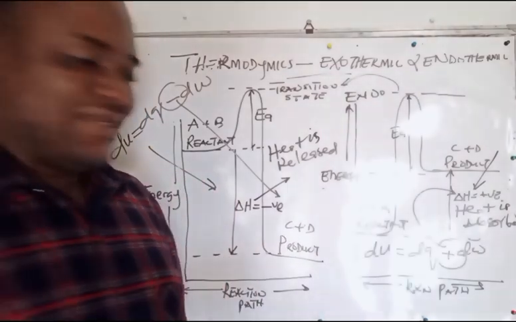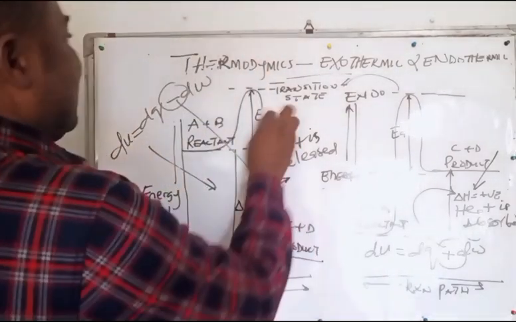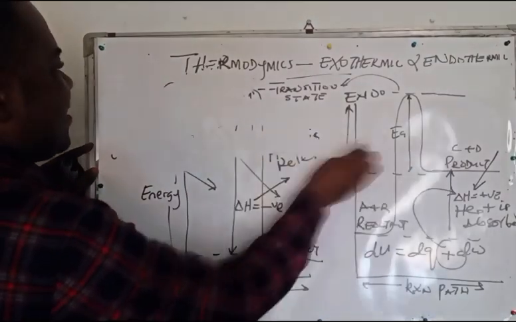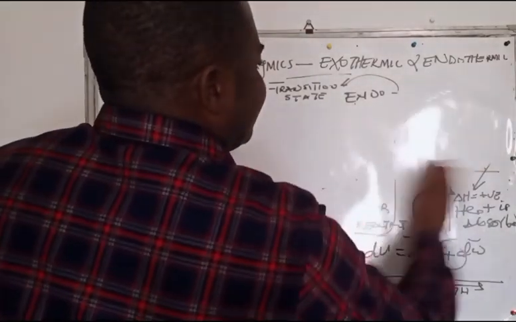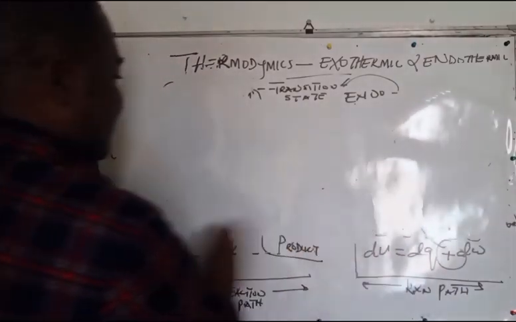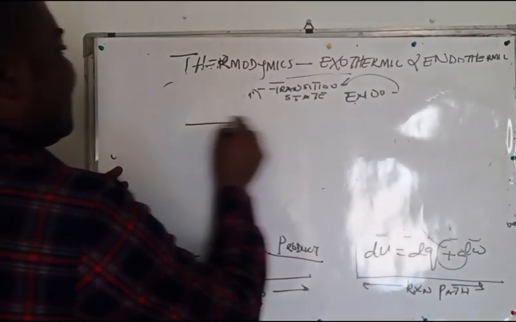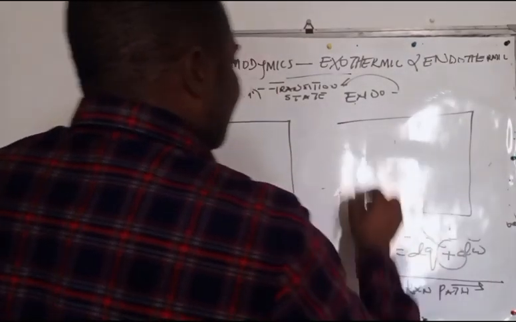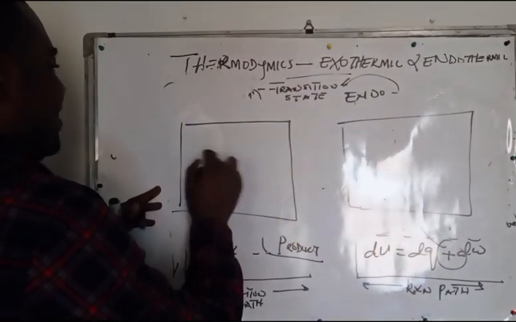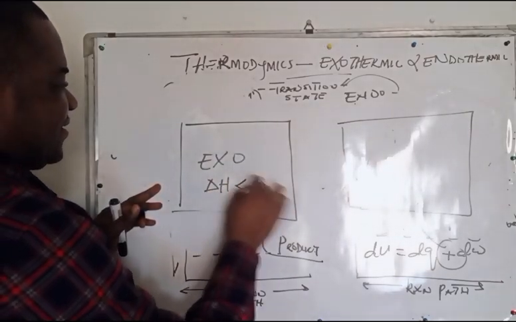Now to summarize this, I'm going to take us through a very short diagram. I want us to know that if we have this kind of a scenario, for exothermic reaction, our heat change is less than 0.